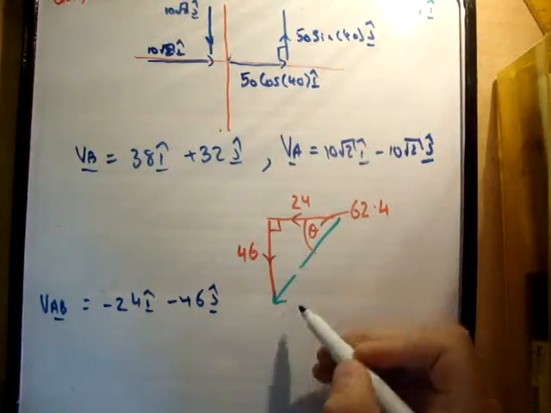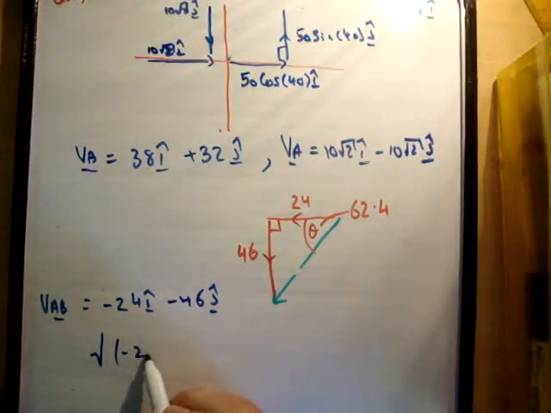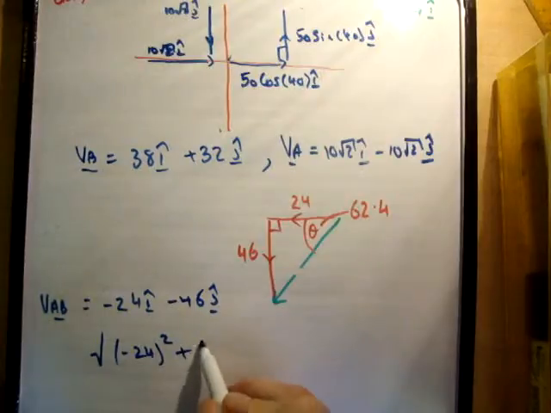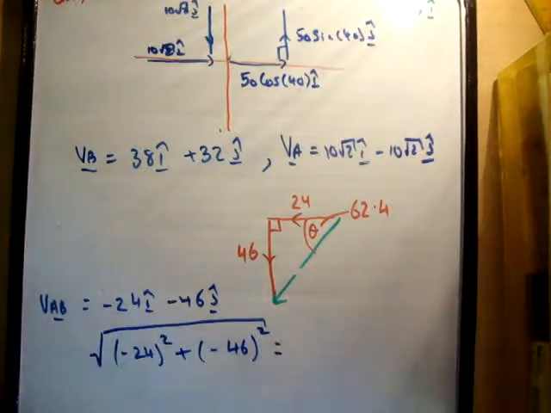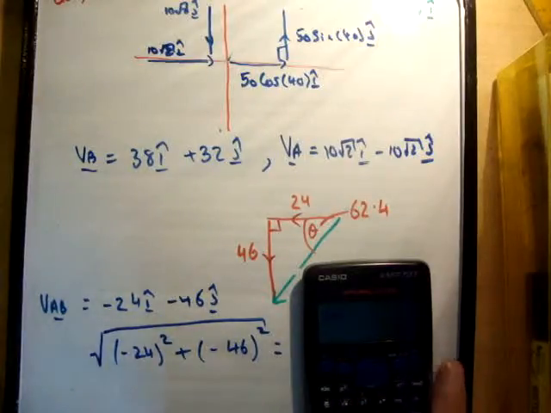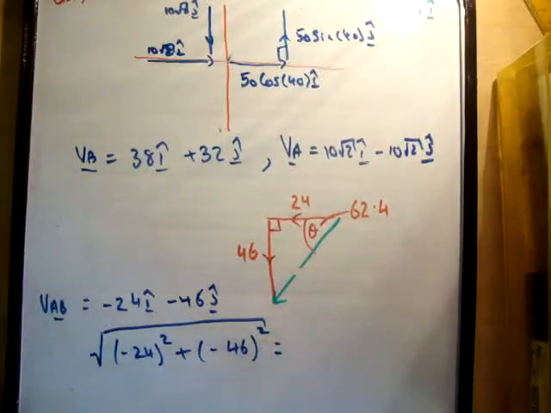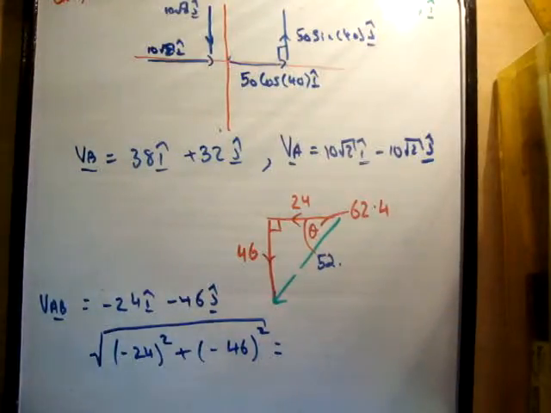So I want to get the length of the side in green, the hypotenuse. That's going to be very straightforward. It's going to be the square root of negative 24 squared plus negative 46 squared. Alright, so let's just plug that into the calculator. So we have 24 squared plus 46 squared. We square root that answer. We get 51.8, so I'm going to say this is 52 units.